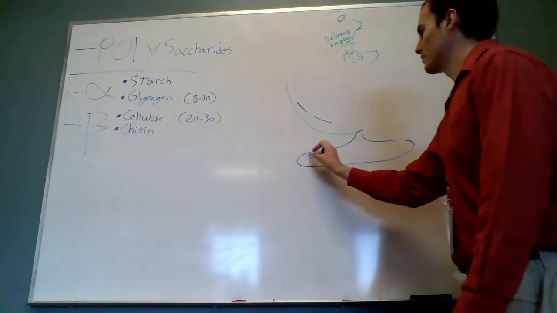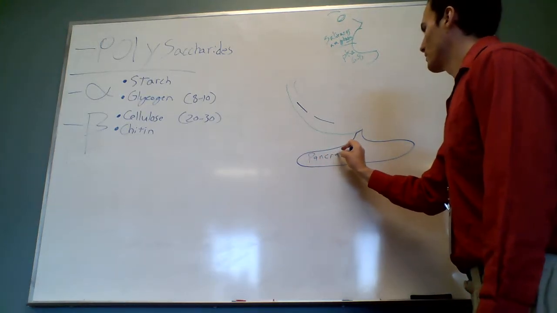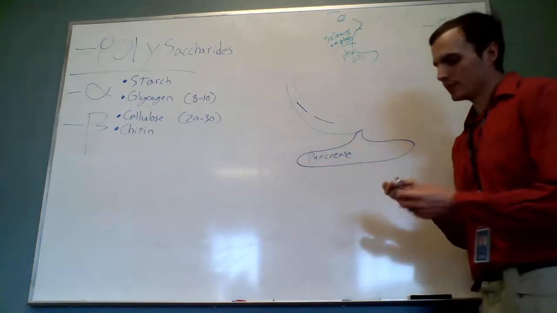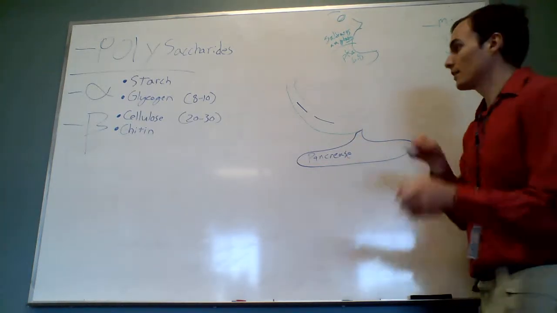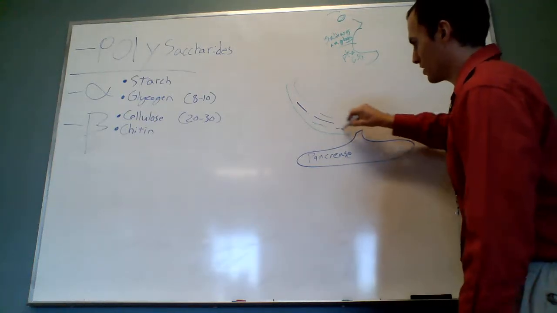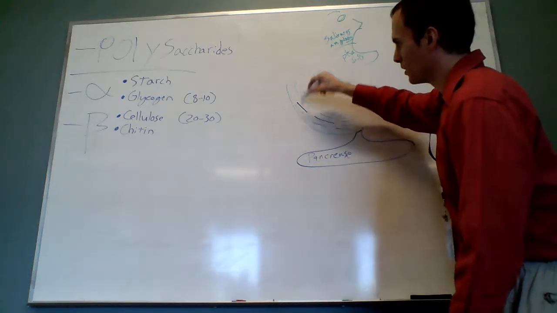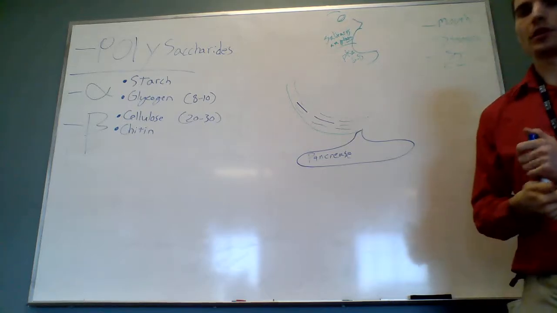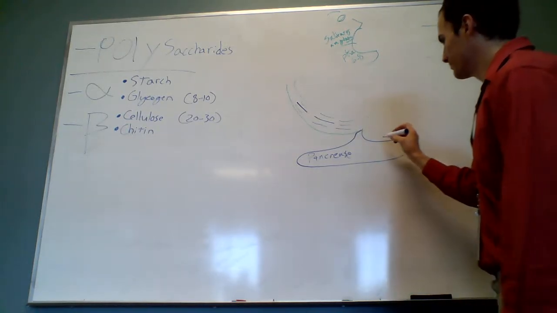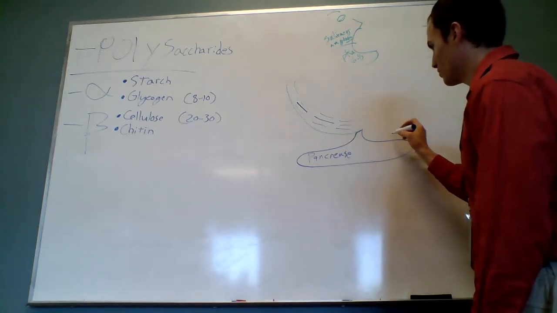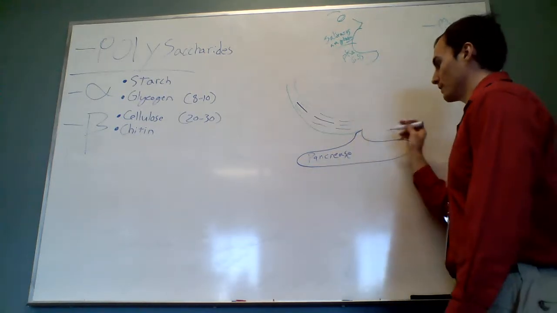This is the pancreas, and it sees that there's been an increase in blood glucose, okay? There's way more because we've just taken a whole bunch in through our small intestine, and it's been put into the blood. Now the pancreas is like, okay, my job is to help regulate this.